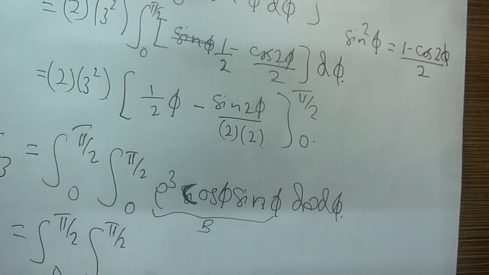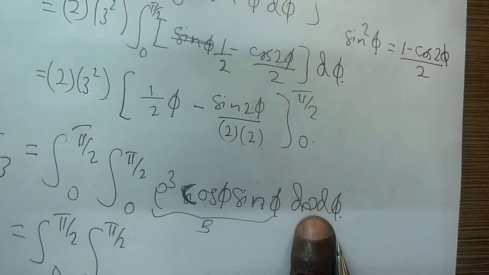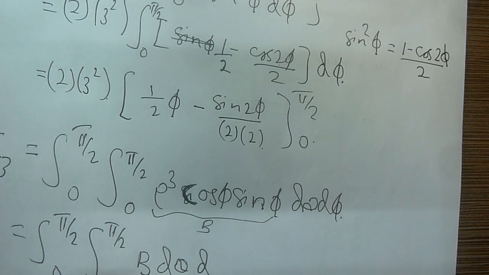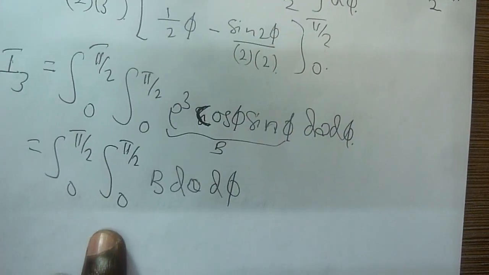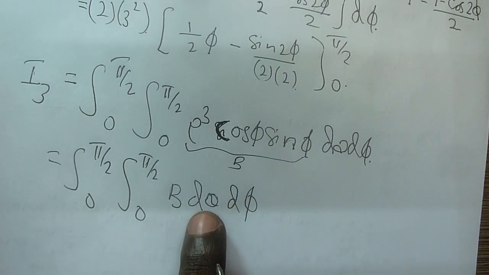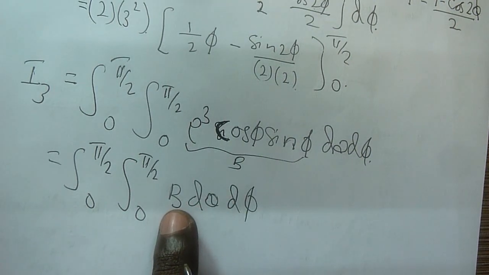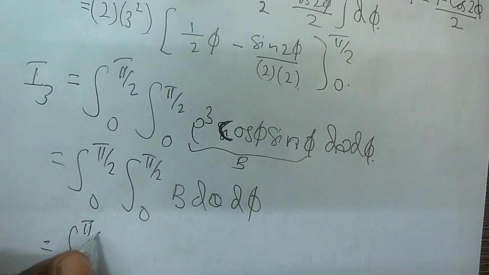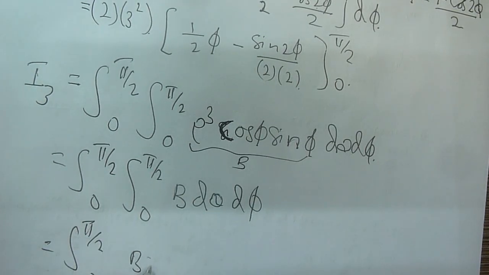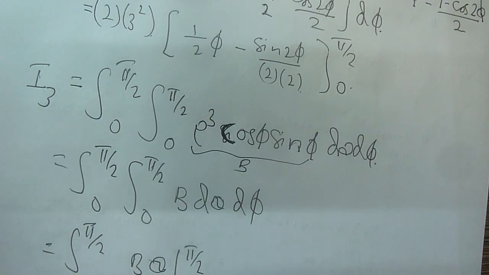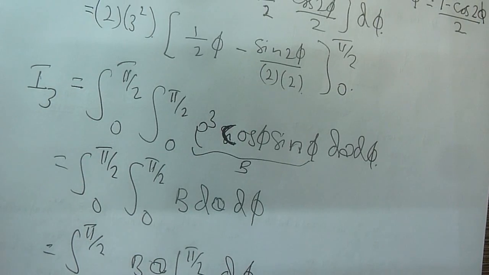If it is a constant, they may think d theta has nothing to do here. b d theta d phi. Imagine it is 0 or something like that? No, actually it's not. The theta comes out. Therefore you get the integral from 0 to pi over 2 of b d theta, and the integral from 0 to pi over 2 of d phi.